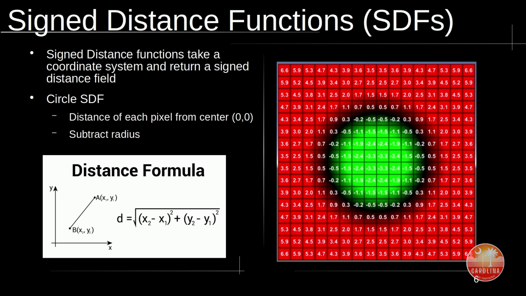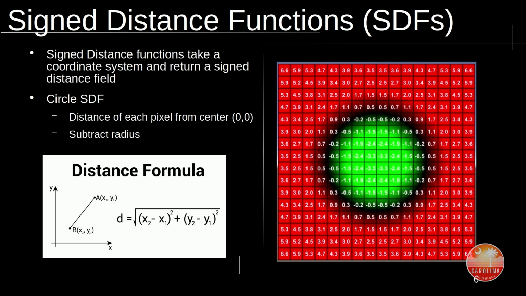In shaders, we use signed distance functions to draw different kinds of shapes. These signed distance functions take the x and y position of each pixel, do some calculations, and return a value for each pixel. Typically, if our pixel has a value of 0 or less, it's going to be inside our shape.